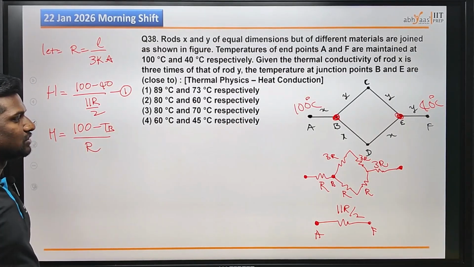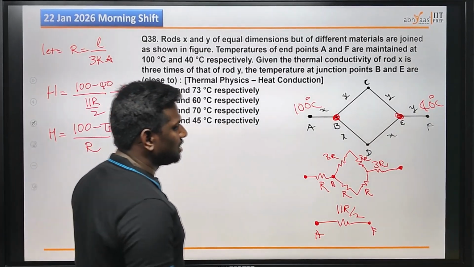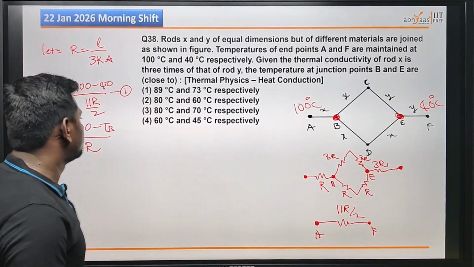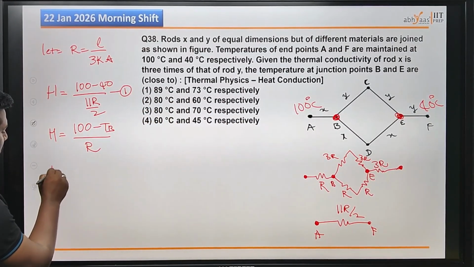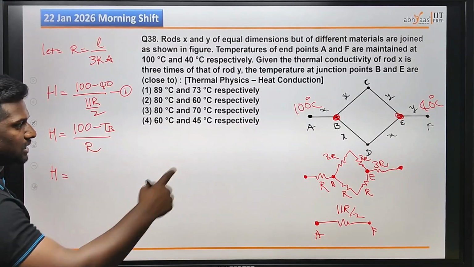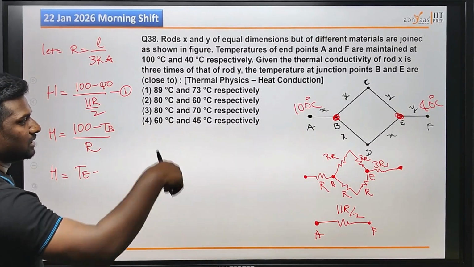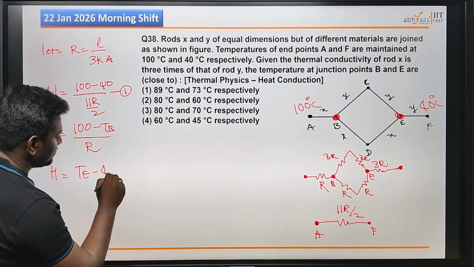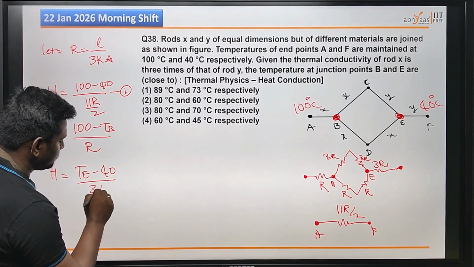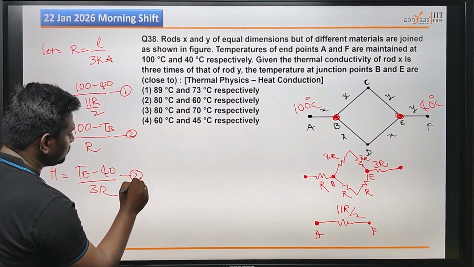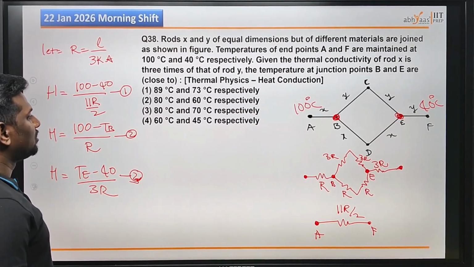R. That is the resistance R. Next equation, heat can be written as TE minus 40 by 3R. Equation 1, equation 2 and equation 3.